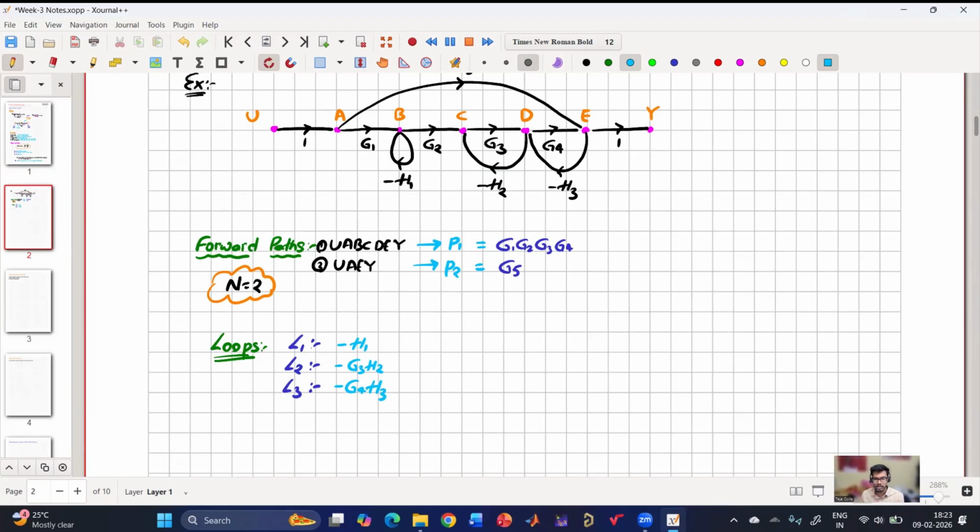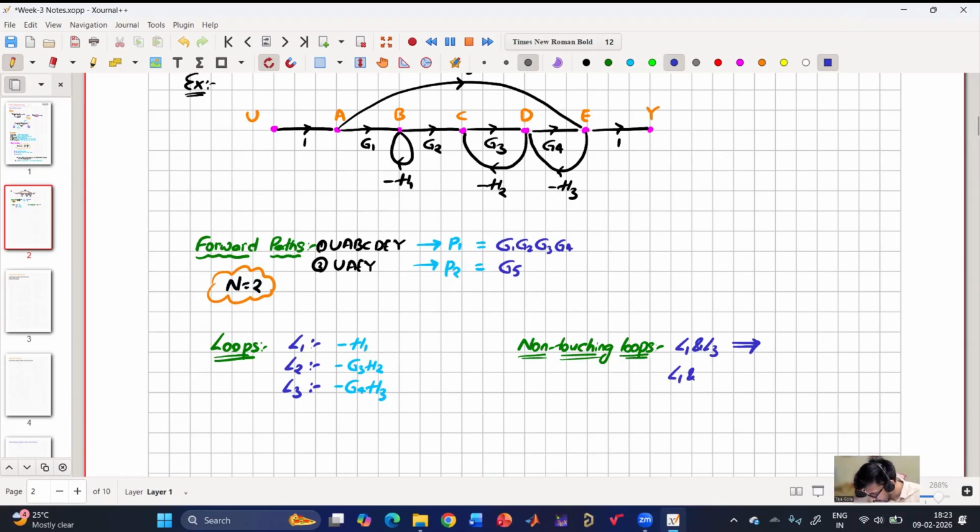If it is clear till now, can you tell me what are the non-touching loops here? You should consider two loops, and there should not be any common node. L1 and L3, right? Very good. L1 and L2 also, and L1 and L3 also. Yes, L1 and L2, L1 and L3.